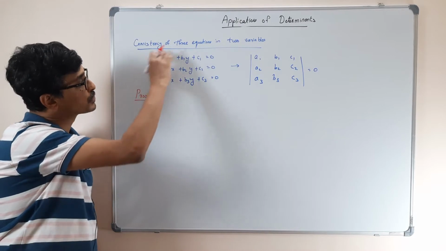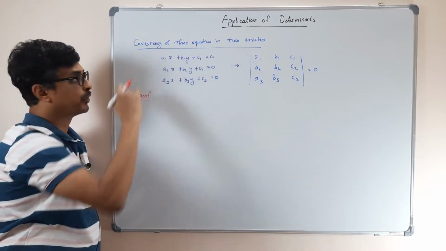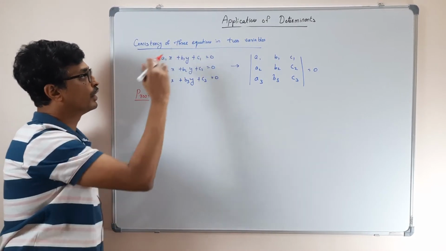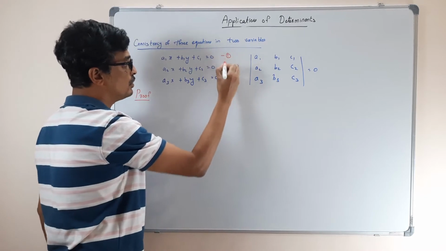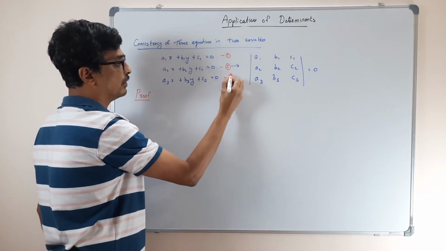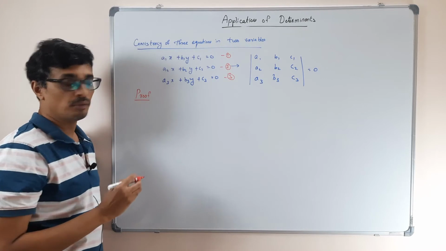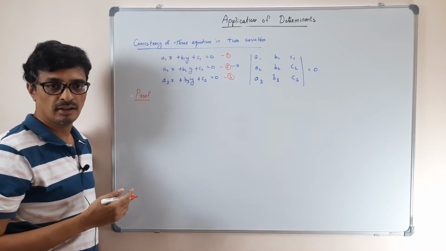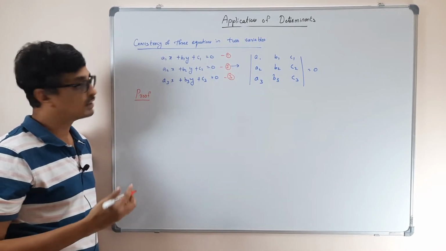So let us take the first 2 equations. Given this, let me write down these equations as 1, 2 and 3. Using 1 and 2, we can solve for x and y. How will we solve? Cramer's rule. Correct?